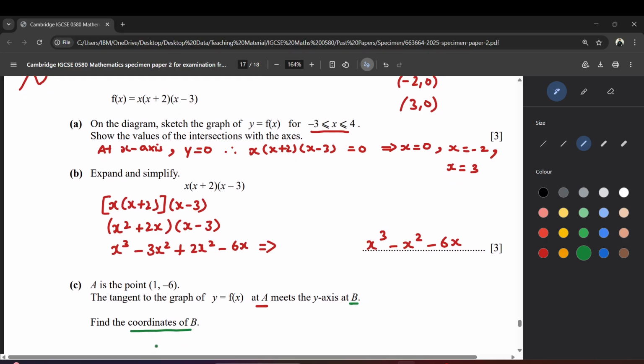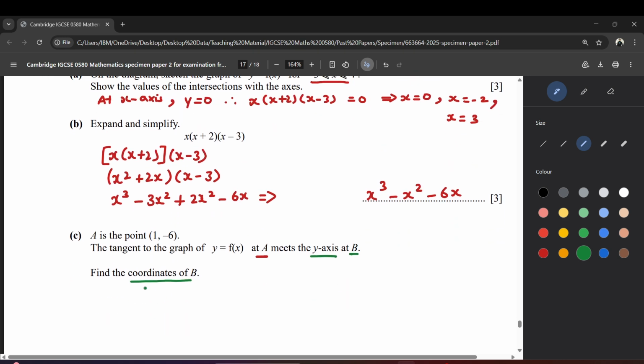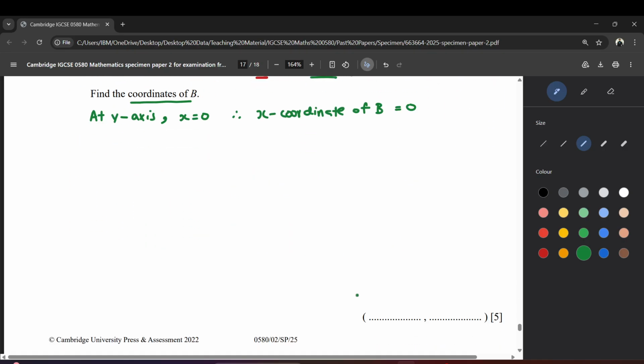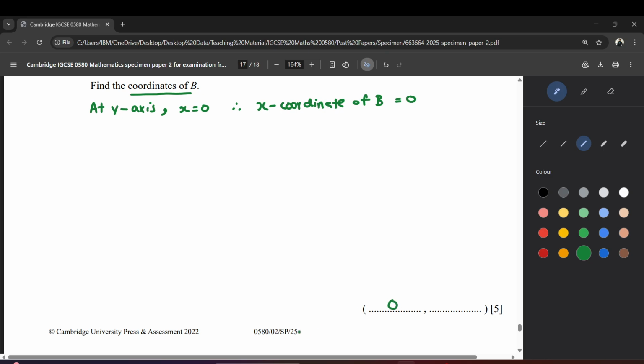One of the things that we can see is that B is at the y-axis, right? At the y-axis, x is equal to 0. Therefore, the x coordinate of B is equal to 0. That is something that we know for sure.